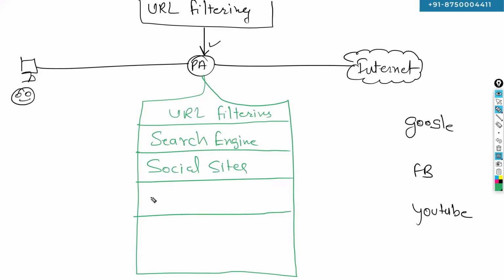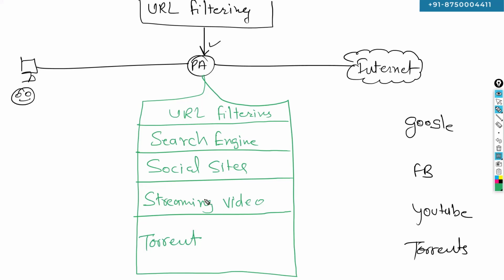YouTube belongs to streaming video. You can also add here torrents. Torrents belongs to torrent.